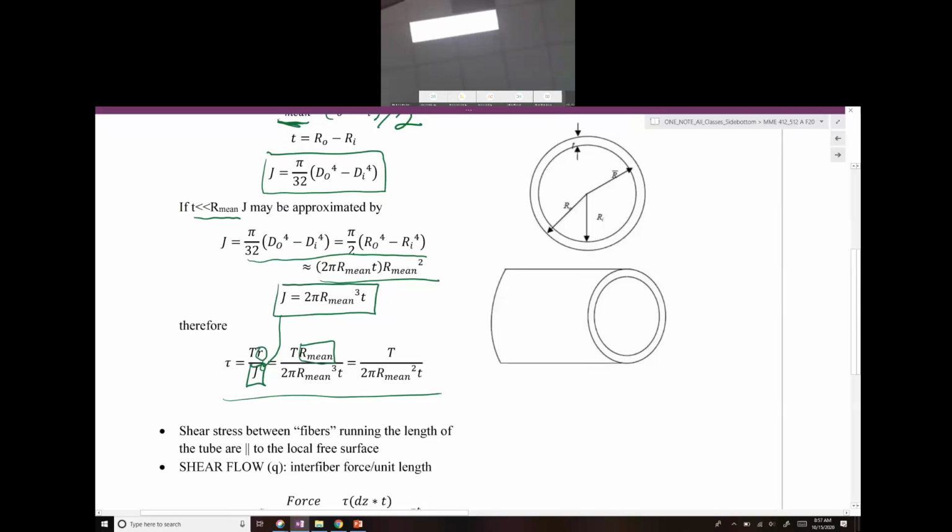So what we're going to do now is look at a circular cross section. We're going to apply a torque, and that torque is going to create a shear stress around the section.